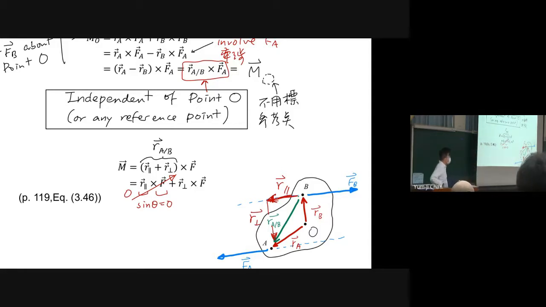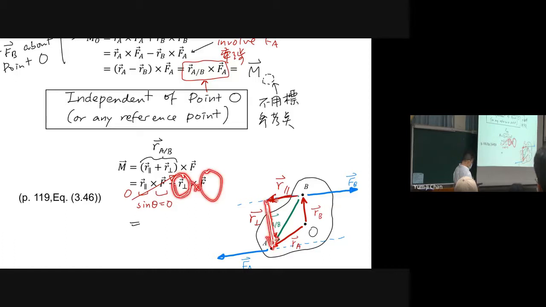So what do we have here? We only have the moment of this couple, calculated by the distance between the parallel lines cross the force vector. Is it okay?